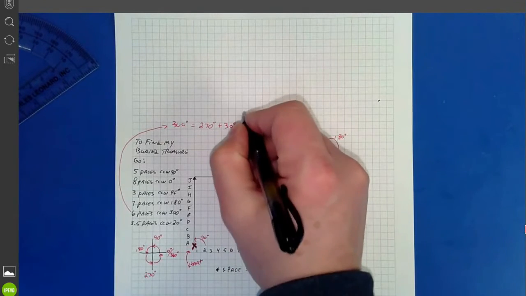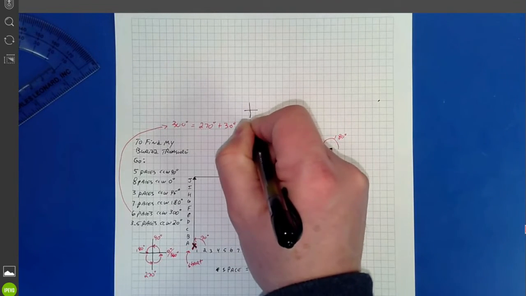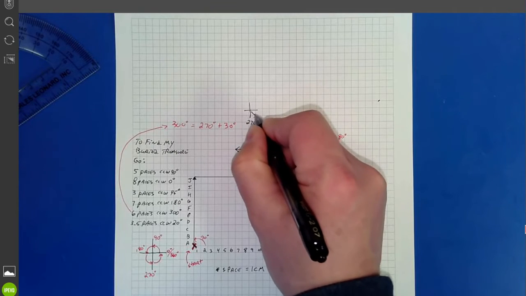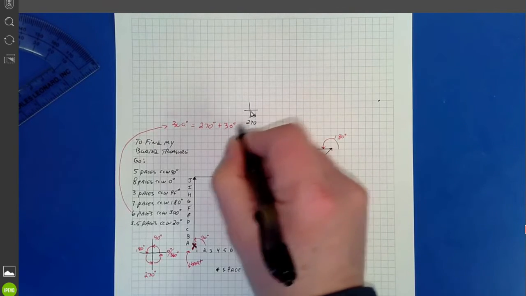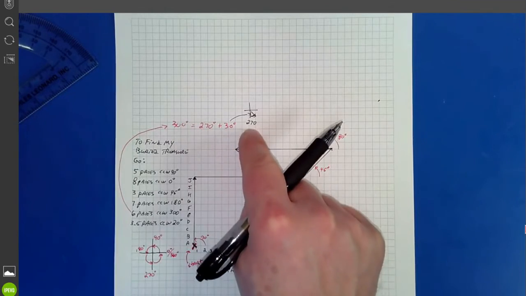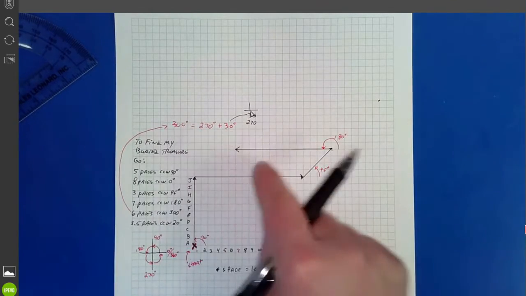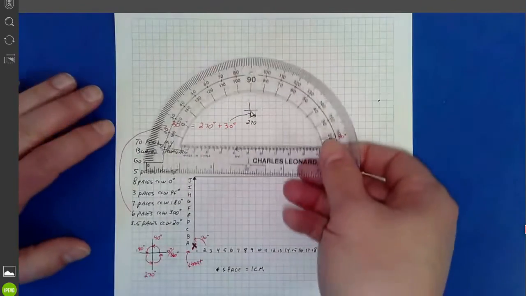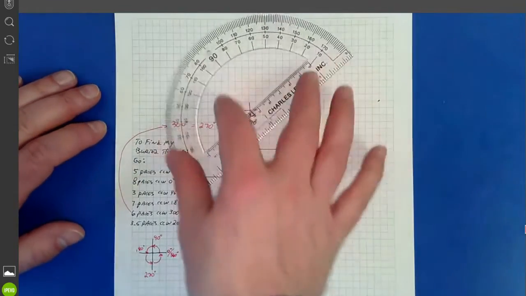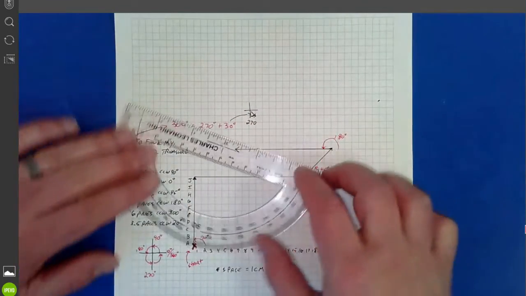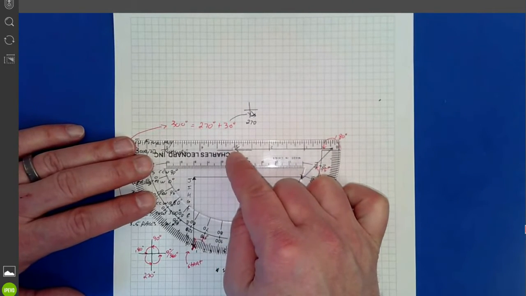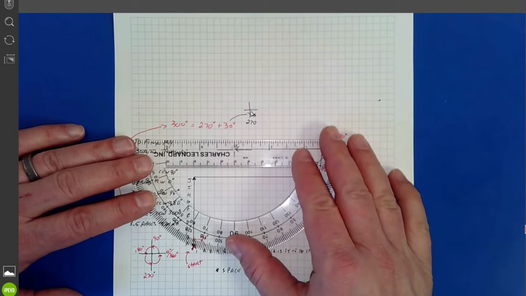If I remember, this is 270 down here, so right in here is going to be 30 degrees. 270, which is straight down, plus an additional 30 gets me the 300. The reason for this is this protractor does not go up to 300 degrees. So I'm going to flip it over and line the origin of the protractor up with the arrowhead here.